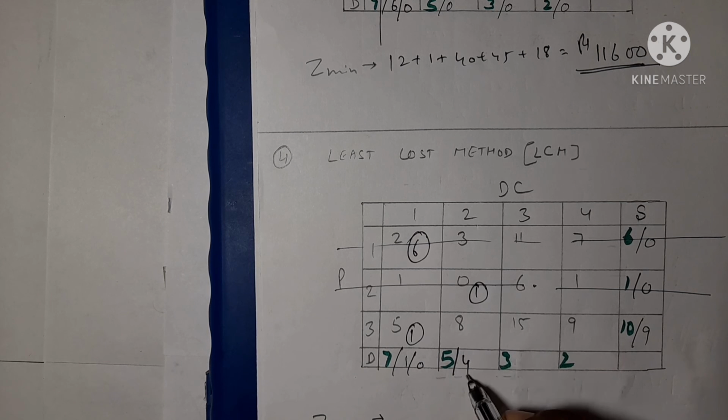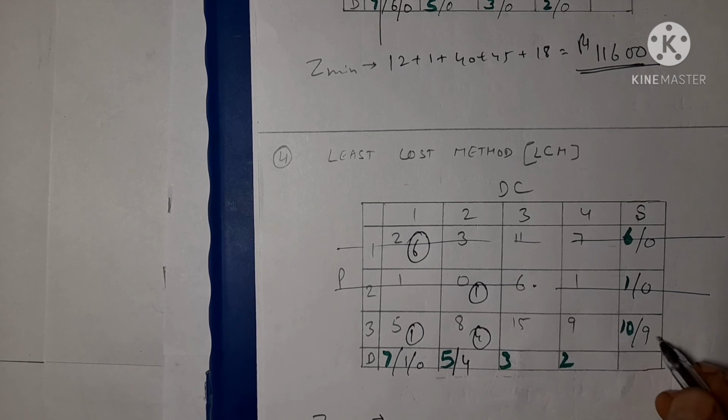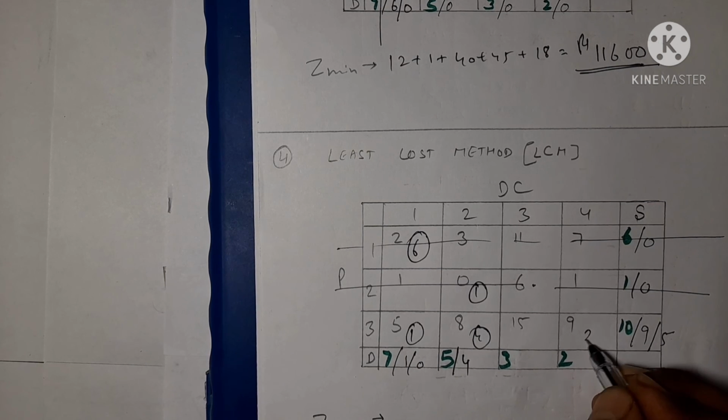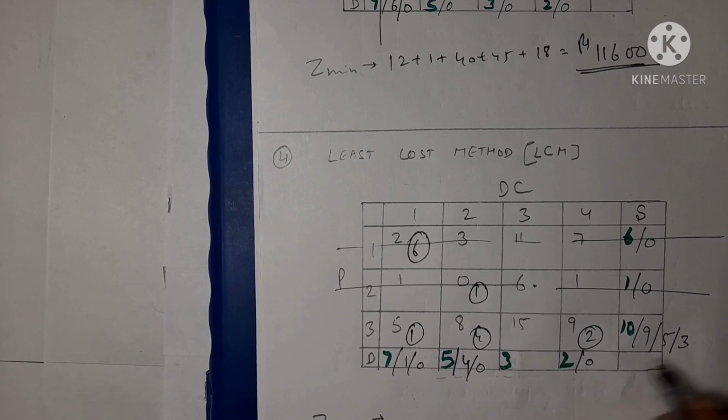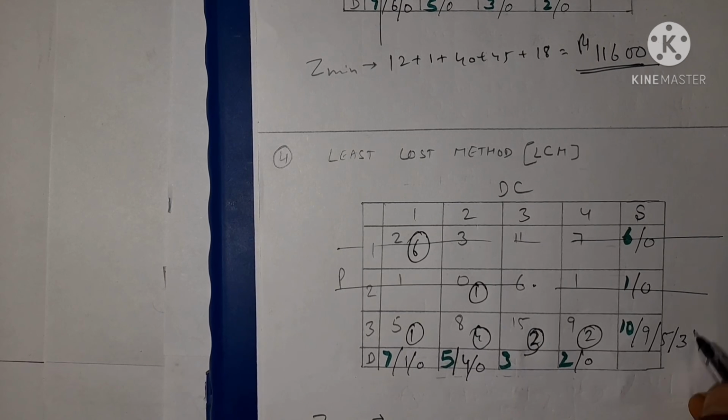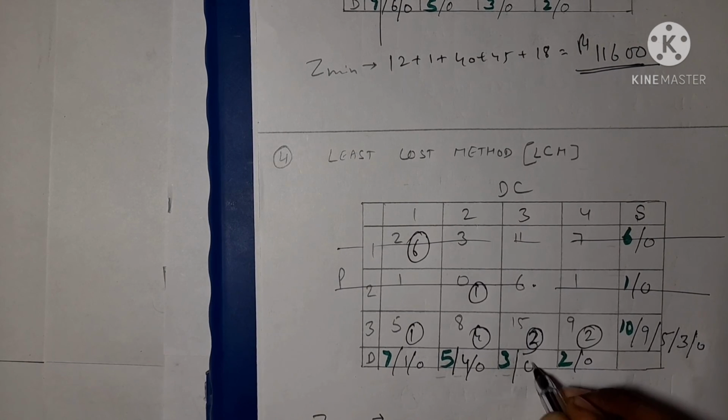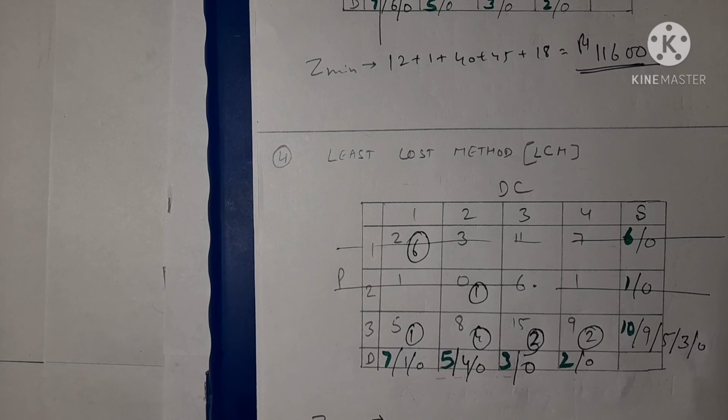Now minimum is 8, only 4 is pending. Now minimum is 9, 3 is pending. Now only this much element is left, 3, 0, 0. All satisfied. 1, 2, 3, 4, 5, 6 allocations are equal to m plus n minus 1.